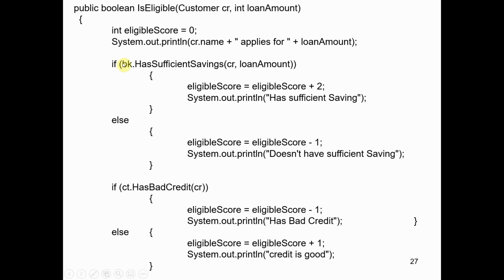And then of course, if the bank returns positive, then the score is increased by 2, otherwise decreased by 1. Similarly, if this one returns yes, then decrease by 1, otherwise increase by 1.